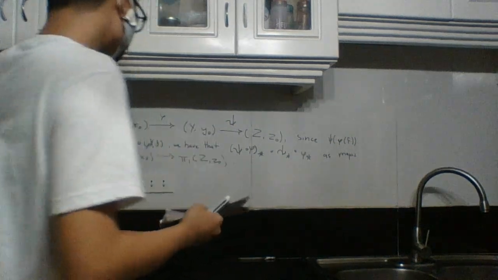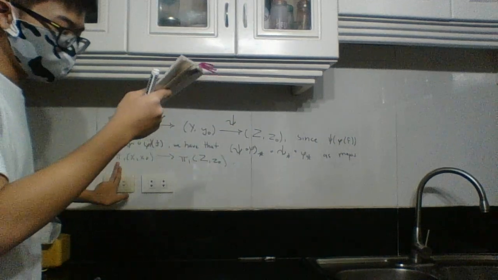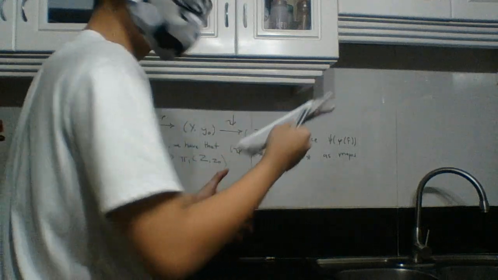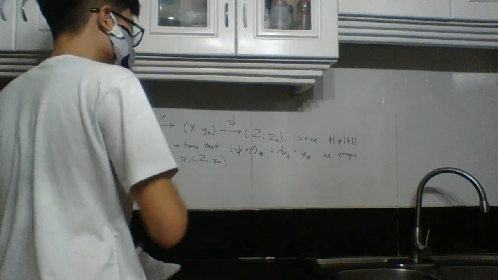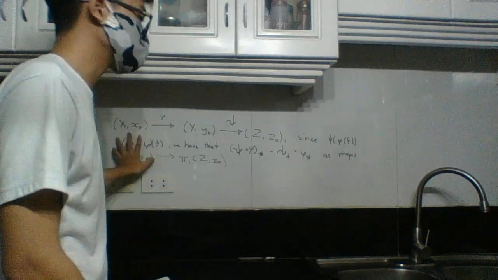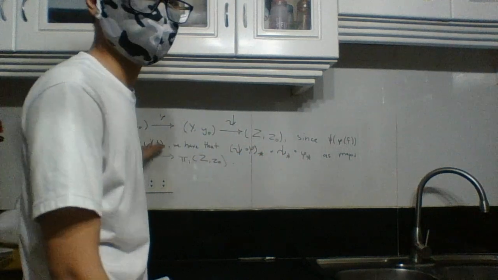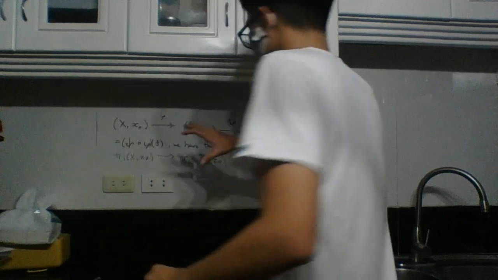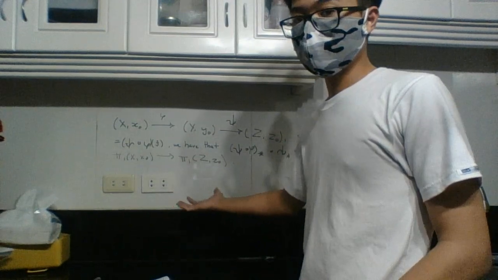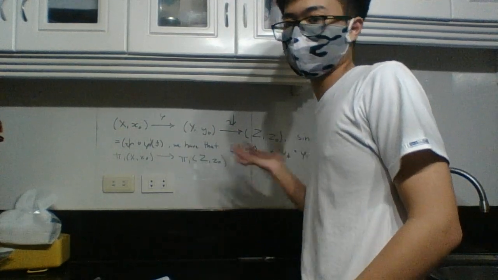In fact, this here, pi, is a functor from the category of all base topological spaces. These are all base topological spaces: every topological space identified with a base point, like say R equipped with 0. That's a base topological space.